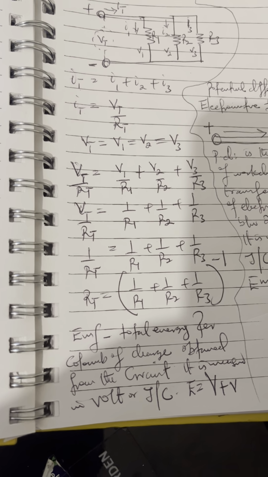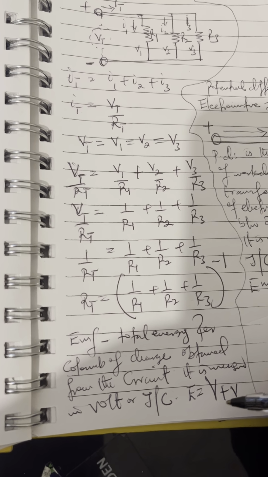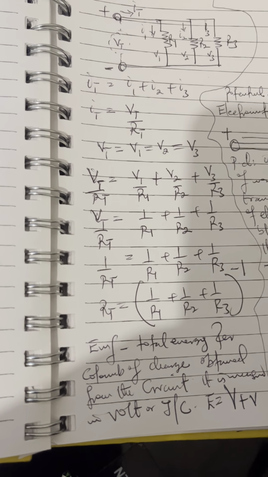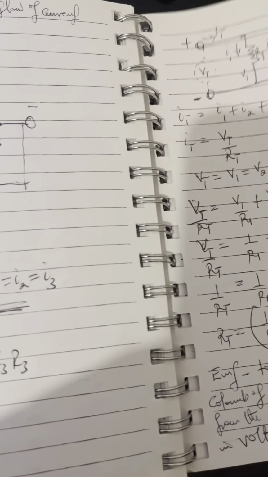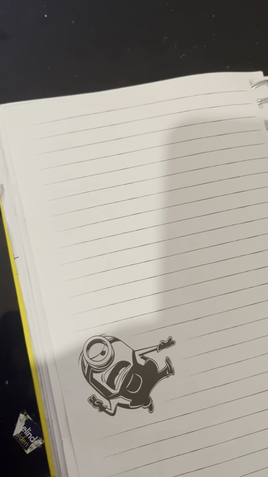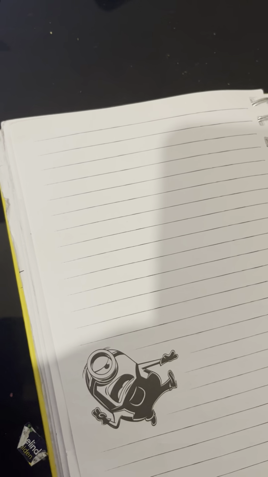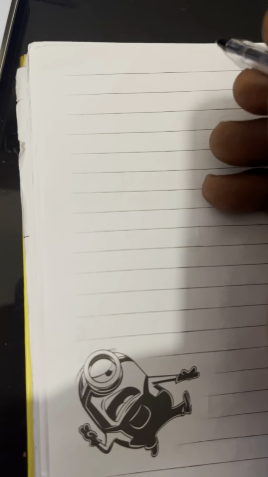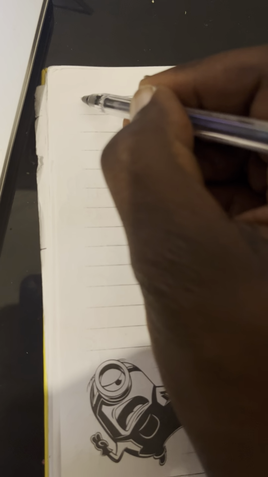You get what I'm saying now? It is big V plus small v. So let us look at it from this point of view. Let's say we have a circuit.